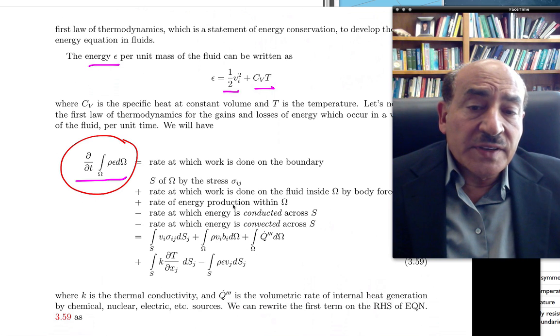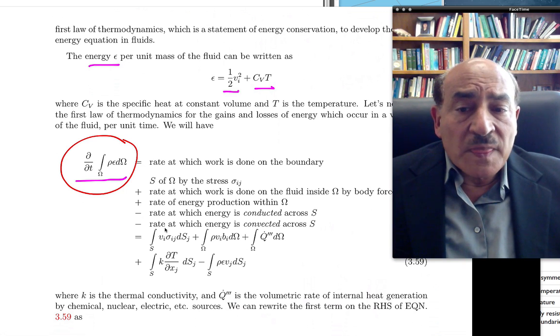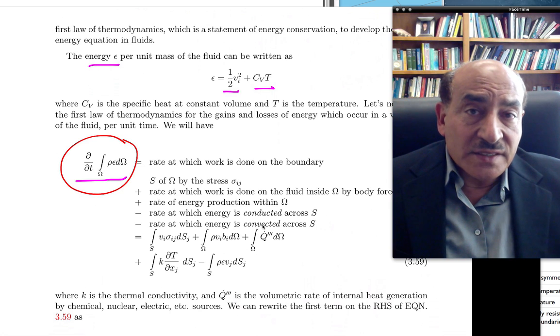And then if we have energy production inside, that would be a positive. So all of these, whatever is done on the fluid, either work or energy, is positive. And now the negatives will be the rate at which energy is conducted across the surface S, and also the rate at which the energy is convected across the surface S. So we have 1, 2, 3 positive and 2 negative.